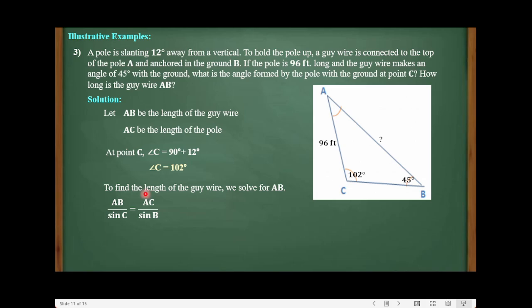To find the length of the guy wire, we set up this proportion: AB, the one we're going to look for, over the sine of its opposite angle C, whose measure is 102 degrees, equated to the ratio of another known side, 96, over the sine of its known opposite angle, which is 45 degrees.